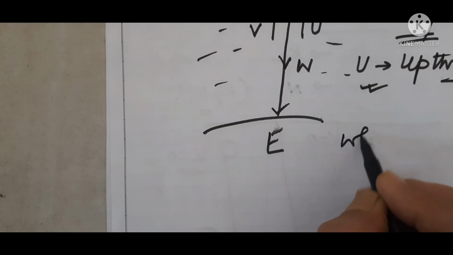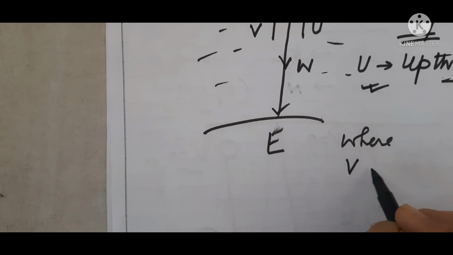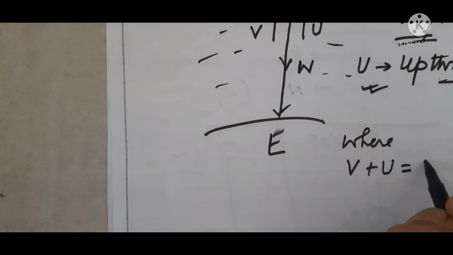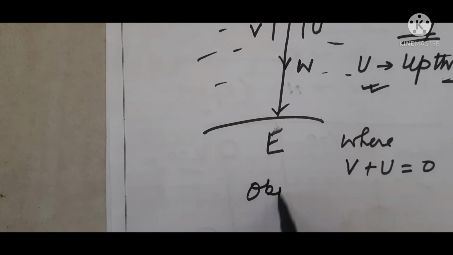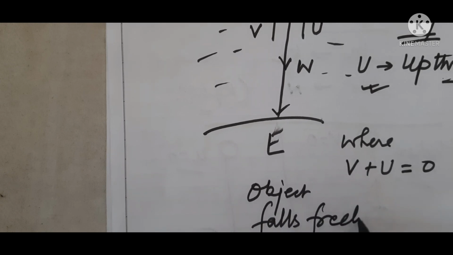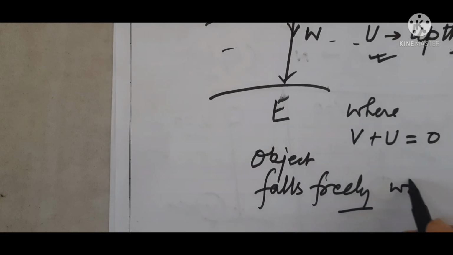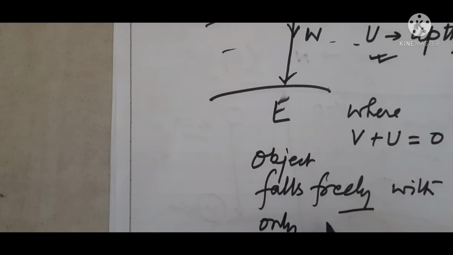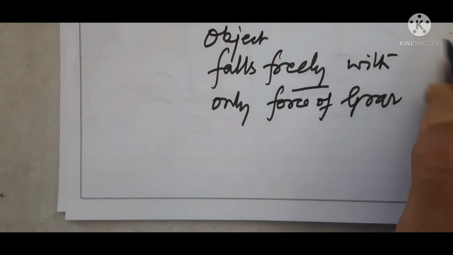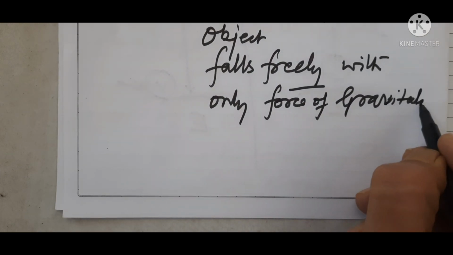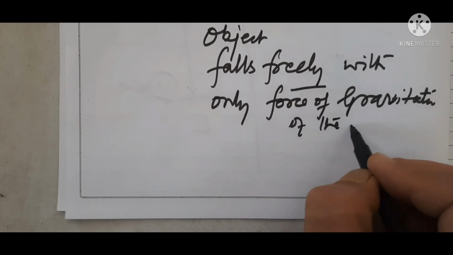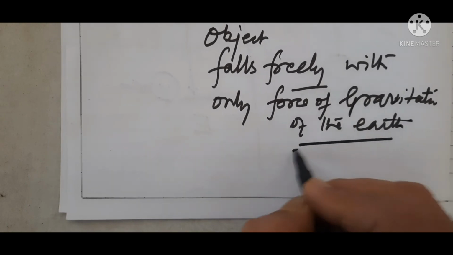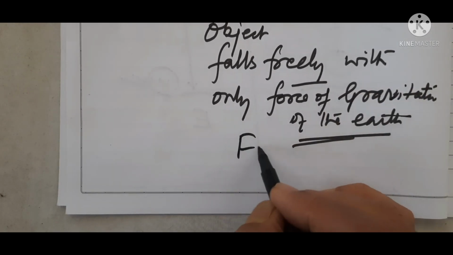So imagine a situation where upthrust and viscous drag are 0, then the object falls freely with only the force of gravitation of the earth, that means gravity. If an object falls with only one force, then it is termed as free fall.